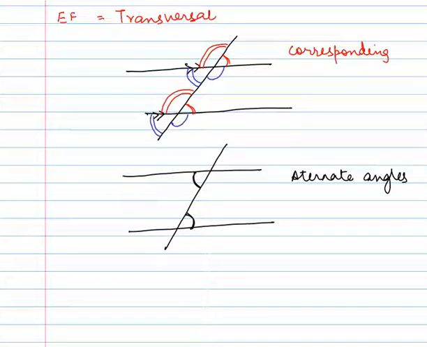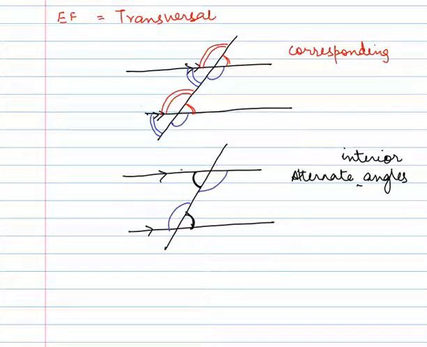Because both these angles are lying inside the parallel lines, they are also known as alternate interior angles. Again, we can have alternate interior angles as this angle and this one.